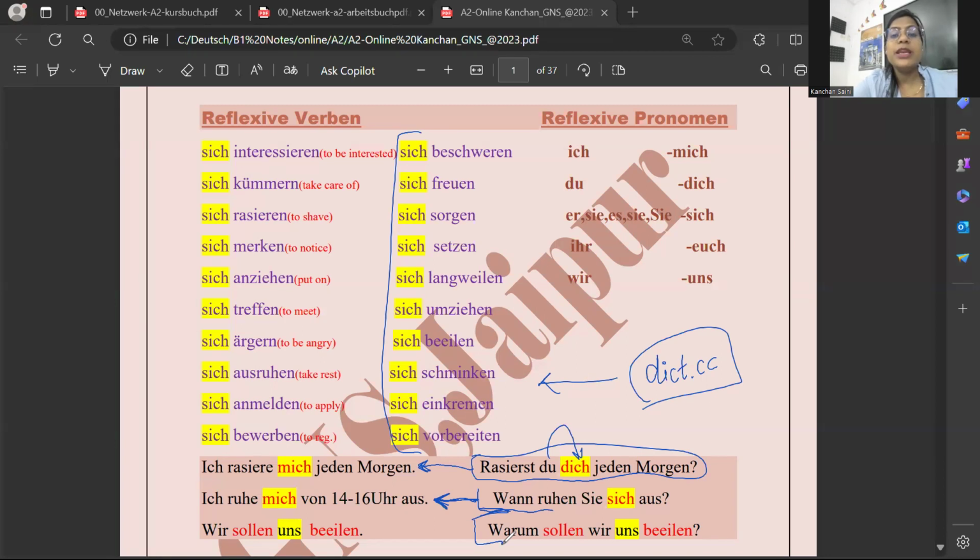The verb beeilen will be shifted to the last position, because the modal verb sollen always has the verb at the last position. Whatever verb comes with the modal verb goes to the last position. So, warum sollen wir uns beeilen? Why should we hurry up?